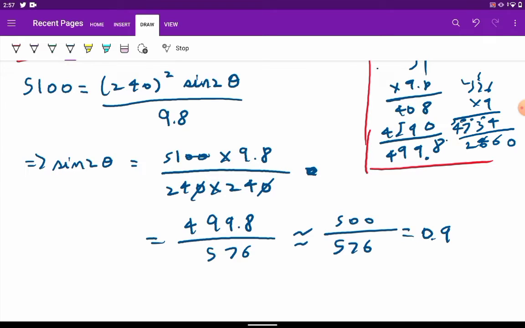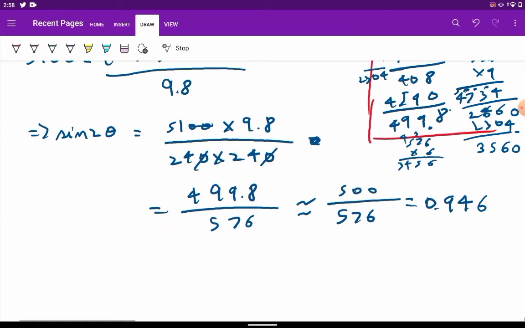Again, 576 times 4 is 2304, and you have the remainder. 576 into 6 is 3456. So it's roughly 0.946. I'll just take it till this decimal.